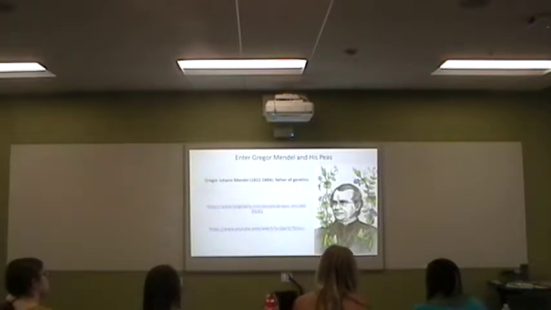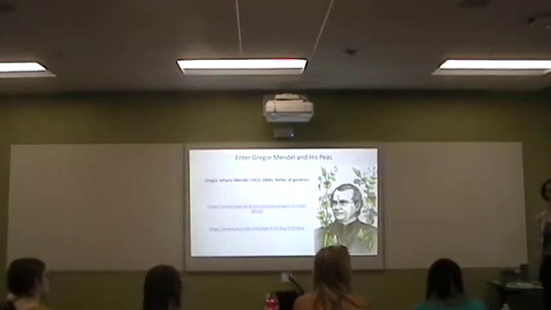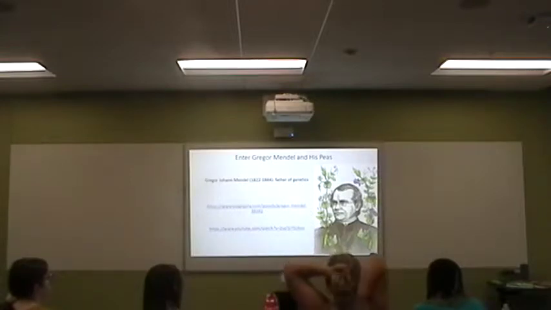At that point, in the 1860s, he stopped. He didn't die, he didn't decide science wasn't cool, but he was asked to take on a different job. He was a monk, if you don't know. So he moved on to other things and left his work unpublished, or published poorly, for quite a while.